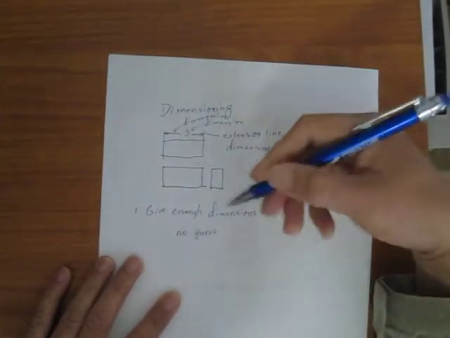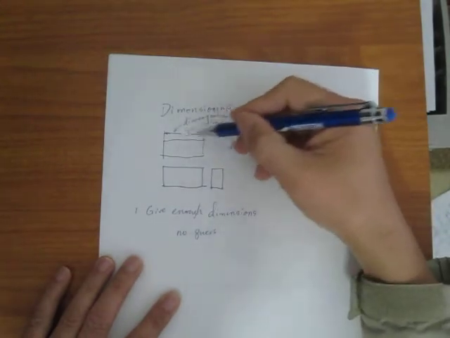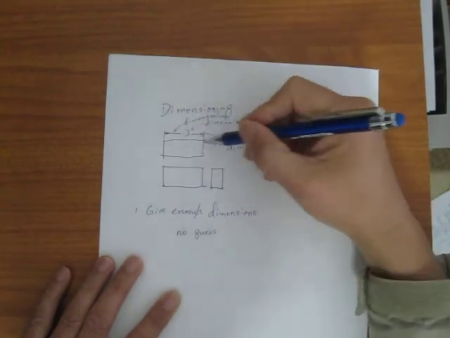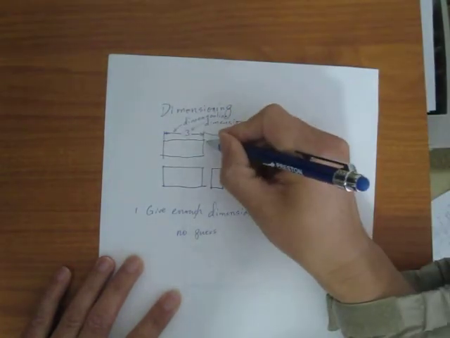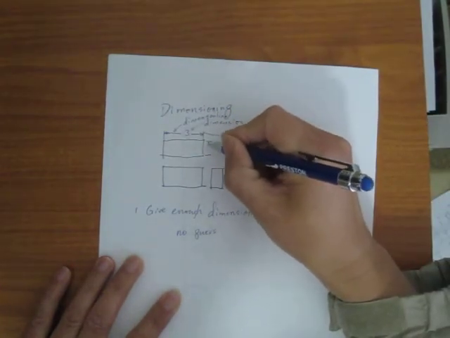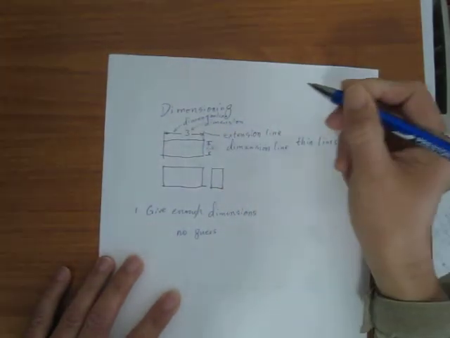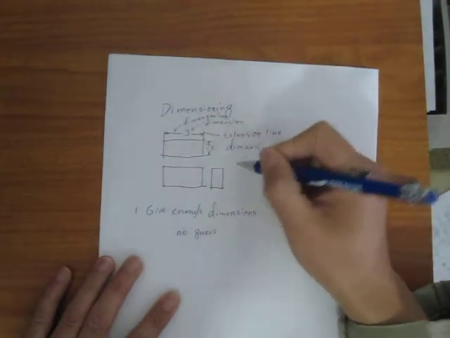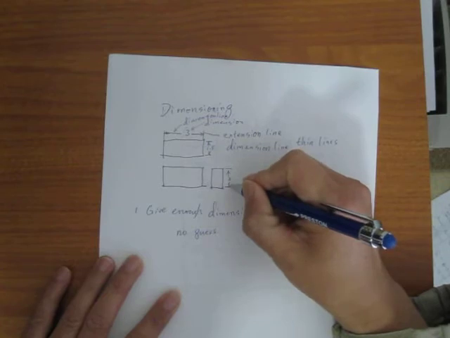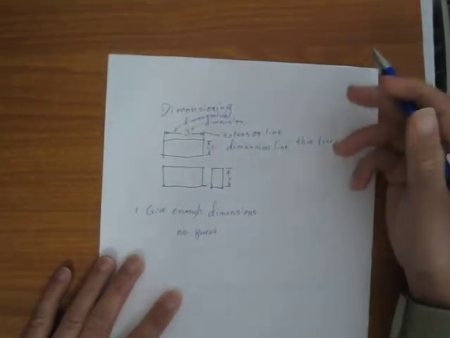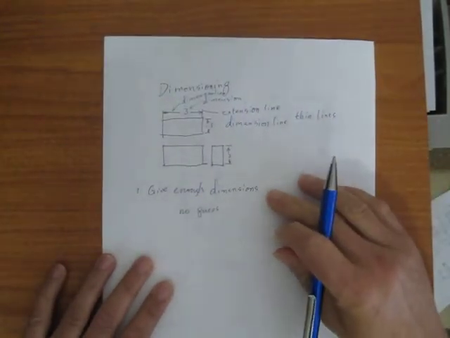For example, this is my box here. I know that the width is 3 inches, the depth is 1.5 inches, and the height is 2 inches. So give enough dimensions. Certainly that's the number one rule.